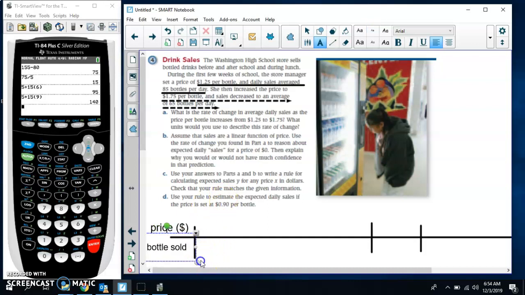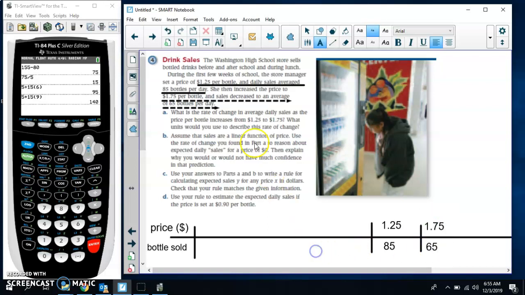I'm going to leave a lot of space here, and you'll see why in a second. So when the price is $1.25, the bottles sold was 85. But then when they do an increase in price, $1.75, the bottles sold went down to 65.